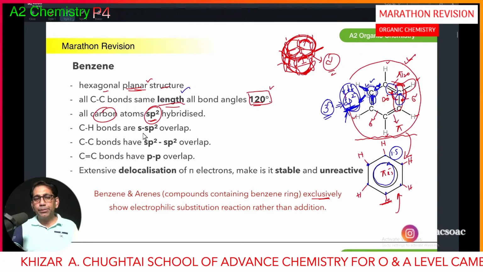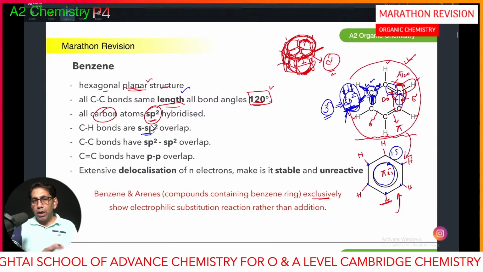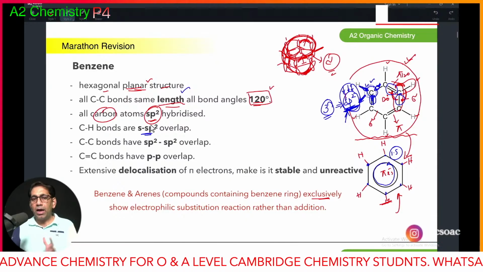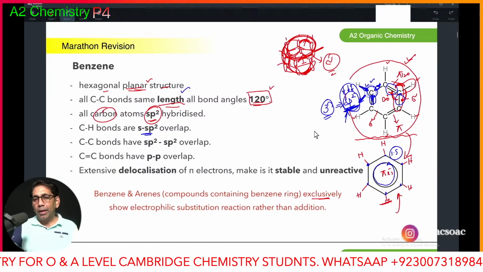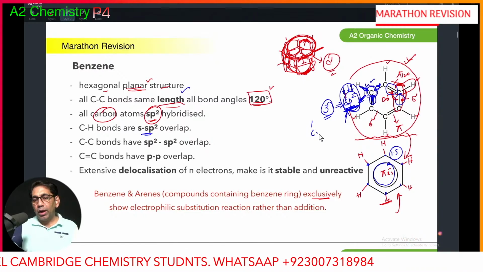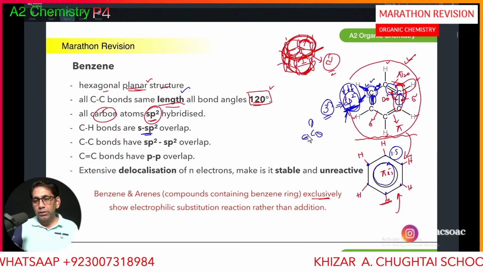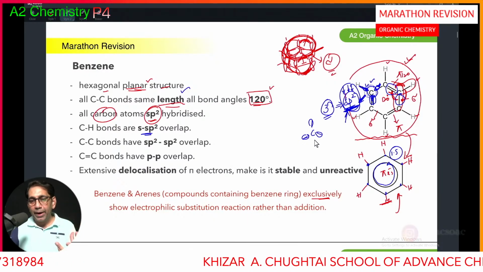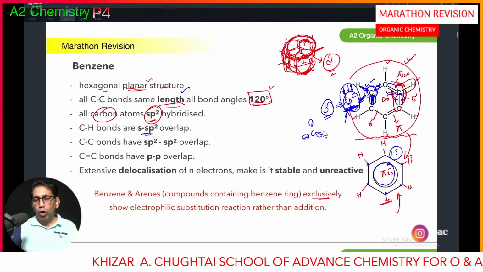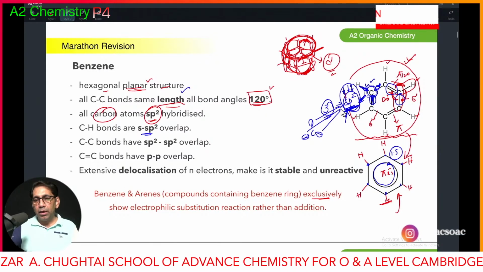The next thing is that CH bonds are sp2-s overlap. One carbon atom, as I told you, offers 3 hybrid orbitals around it, and the name of all 3 hybrid orbitals is sp2.